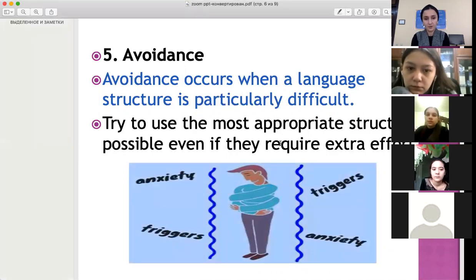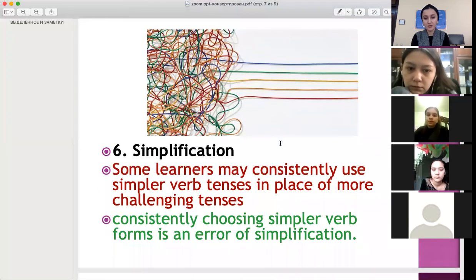So let's continue. The next one is simplification.